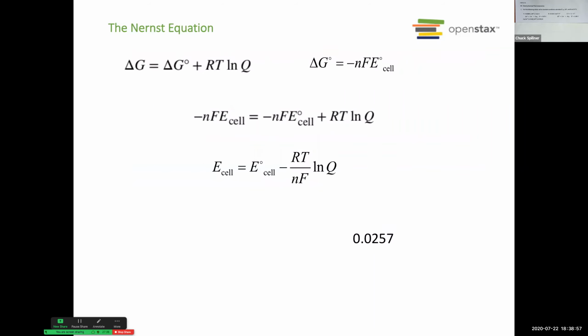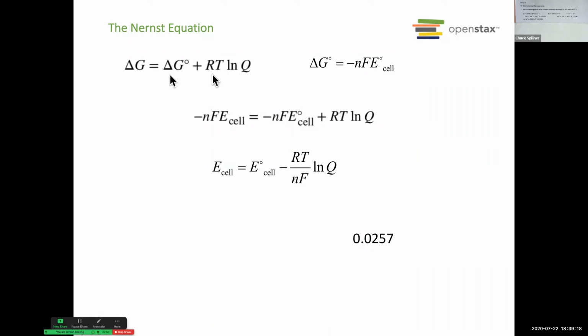In the next slide, we're actually going to look at cell potentials that are not at standard conditions and how the ratio of reactant to product, or product to reactant, will affect the cell potential.